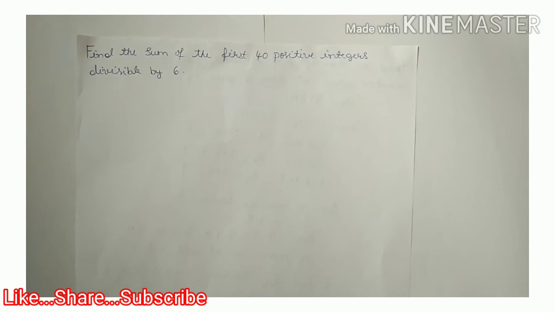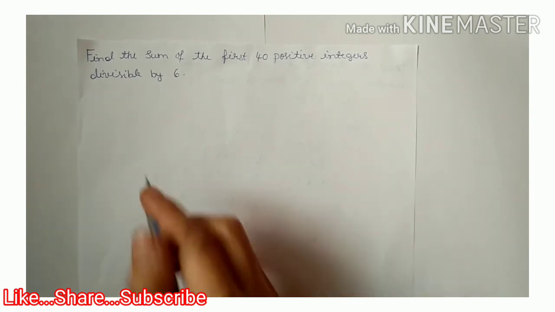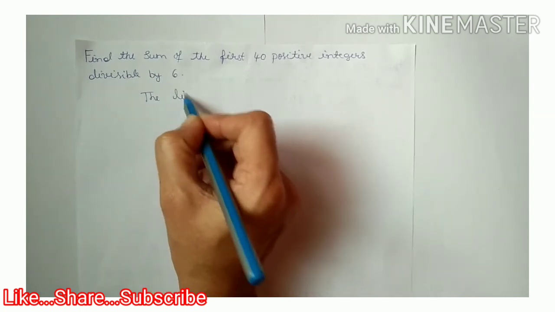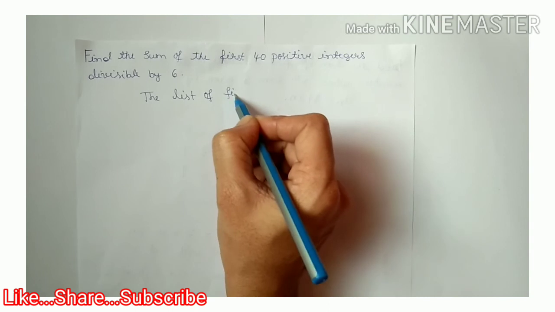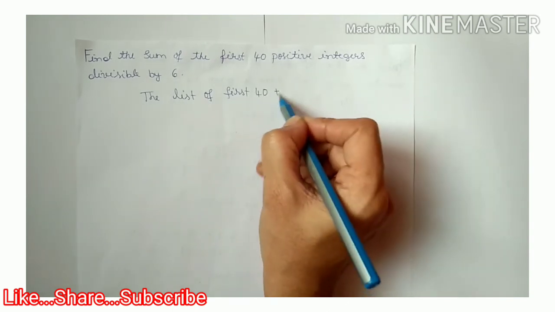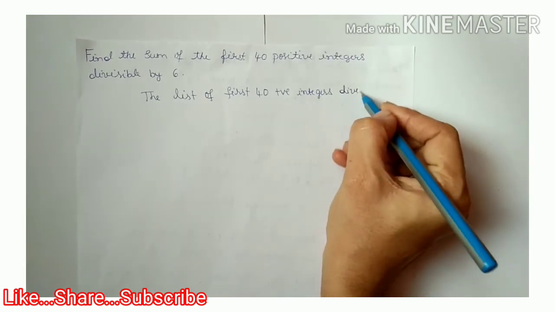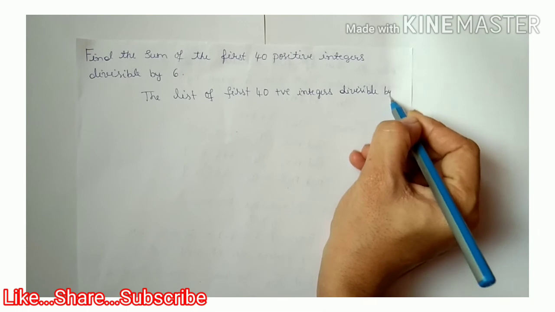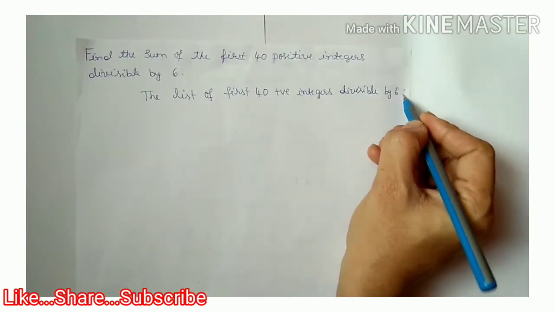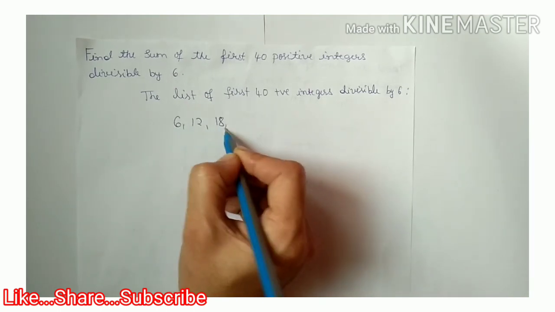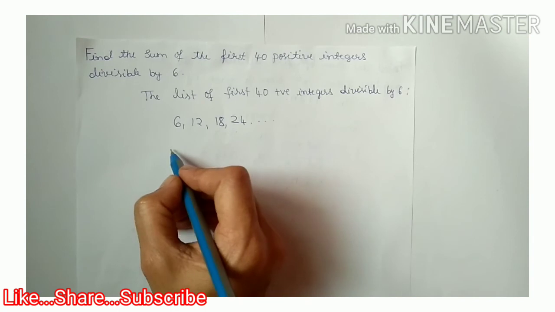Next example: find the sum of the first 40 positive integers divisible by 6. The list of the first 40 positive integers divisible by 6 is 6, 12, 18, 24 and so on.